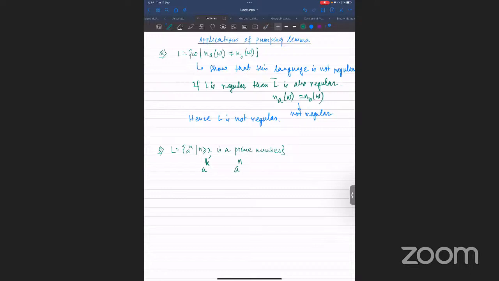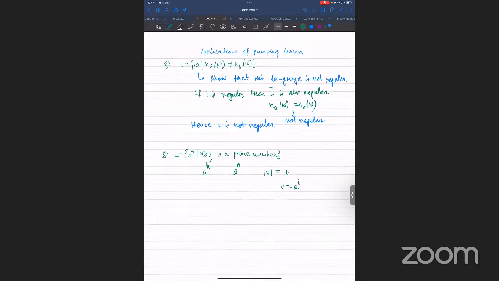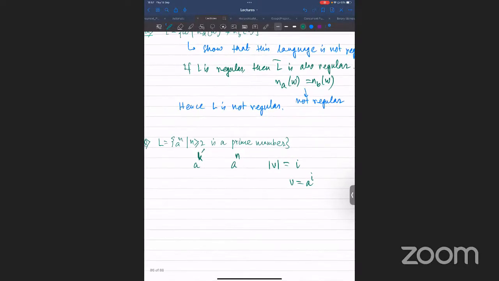Then suppose the length of v is i, so v equal to a^i. Then what can you do? You pump it once, you get n plus i.